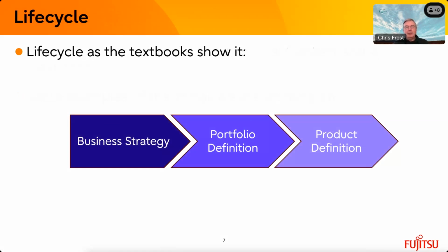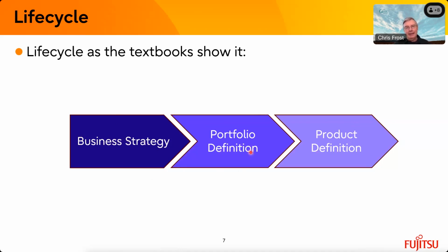So I mentioned when I was talking about that 3-step process, with that little bit of mysterious magic in the middle, another way you might describe that is what I've got on screen now. This idea that yes, you start with some business strategy, you end up somehow with some definitions of products, and essentially that bit of magic in the middle is the bit where you're thinking about your portfolio.